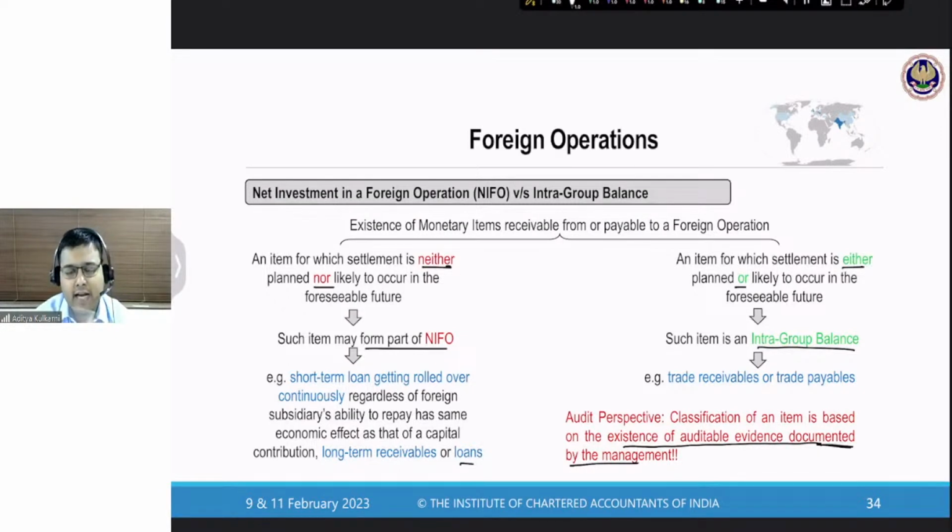The customer has entered into a lease contract for a period of 12 months only. And this 12 months gets rolled over time and again.